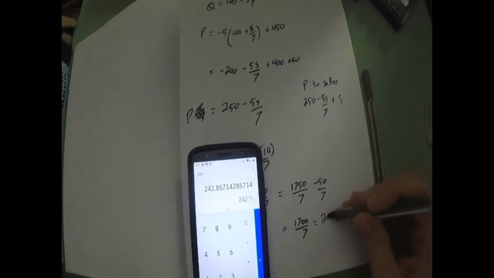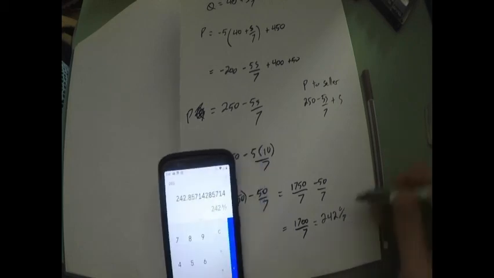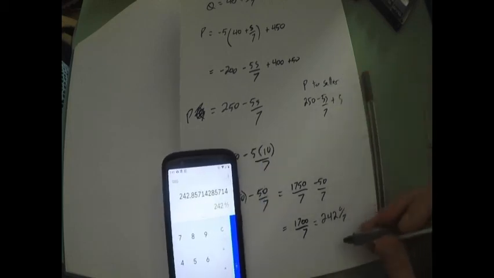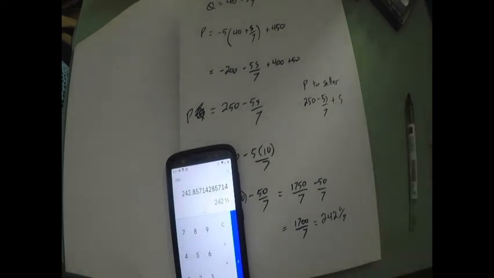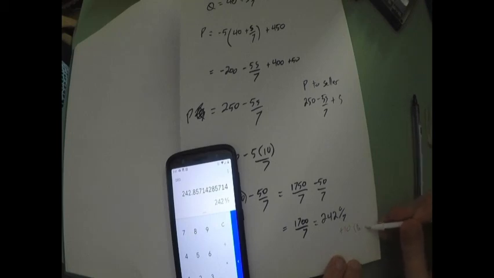So 242 and 6/7. And then for the seller, we would just add in an extra $10. So plus 10 for the supply curve. Cool. Let's close that here.